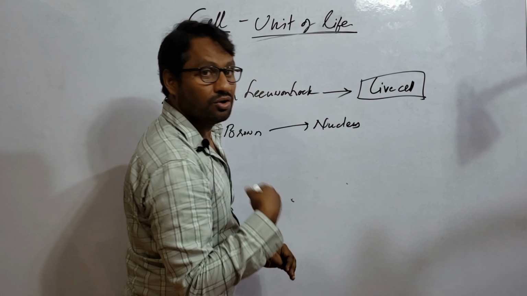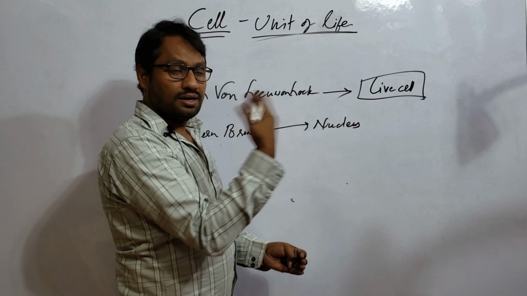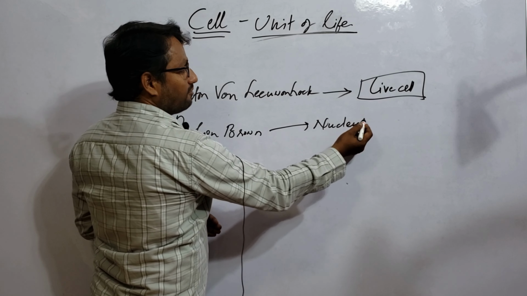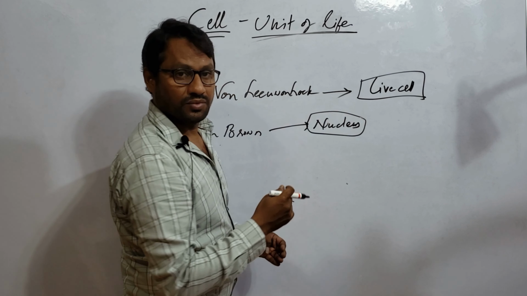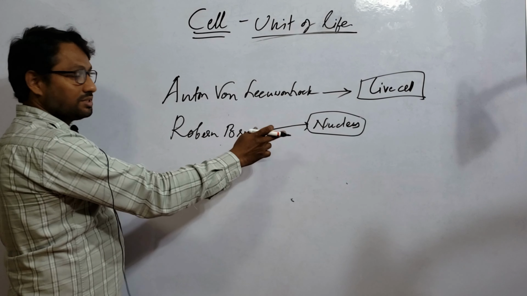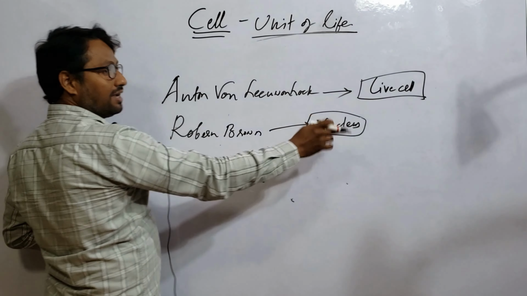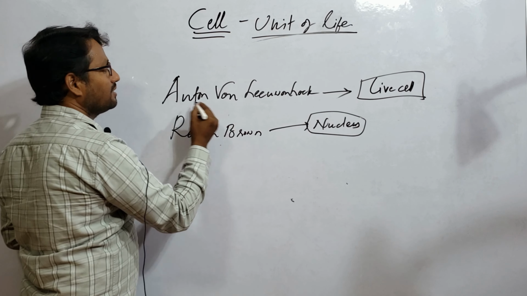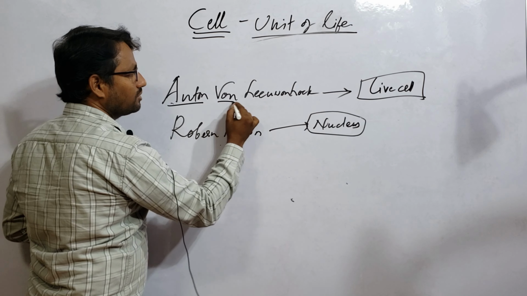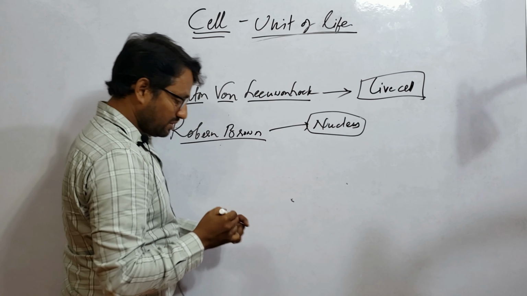As you might have known in your earlier classes, every cell consists of a nucleus. So the nucleus was discovered by Robert Brown, whereas the live cell was first seen and observed by a scientist whose name is Anton von Leeuwenhoek. Okay, remember these names.